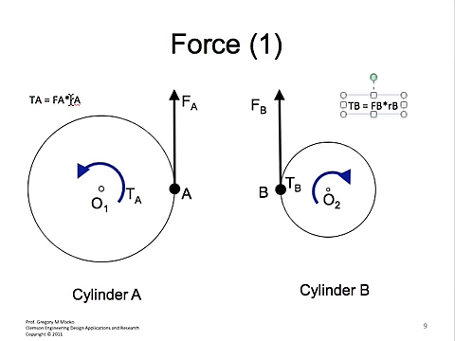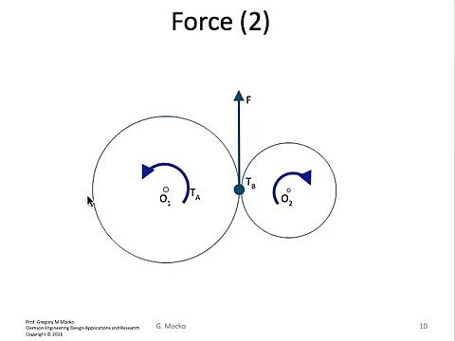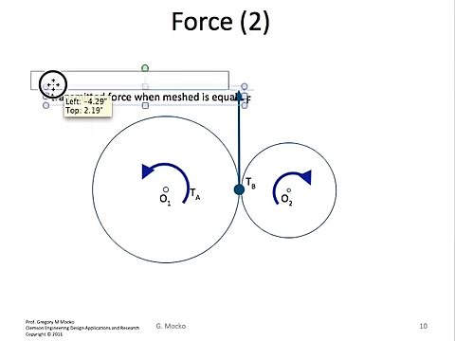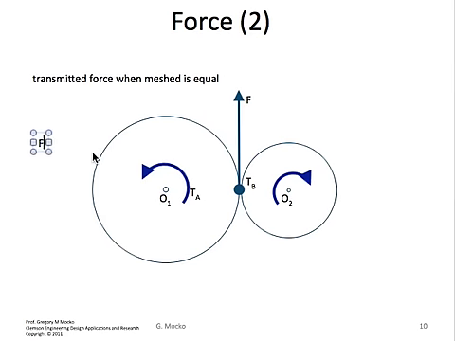So, if we put these two cylinders together, then here's what we know: the transmitted force when meshed is equal. In other words, FA is equal to FB.